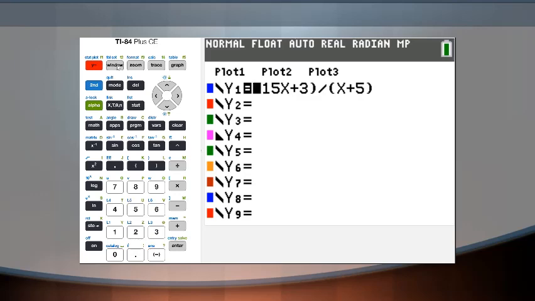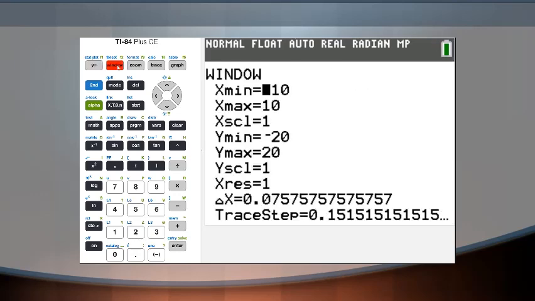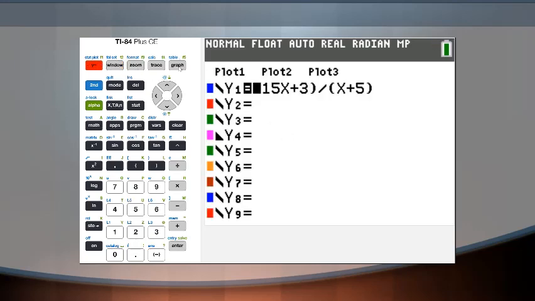And I went ahead and made a window adjustment. Because I have a horizontal asymptote at y equals 15, I changed my y minimums and y maximums out to 20 because I want to see as much as I can there. Anyway, I've got my rational function equation entered.